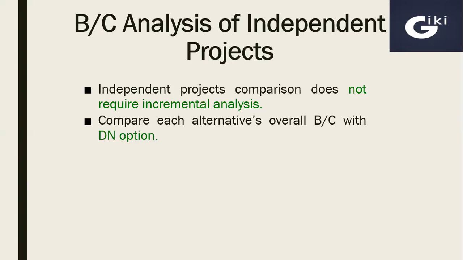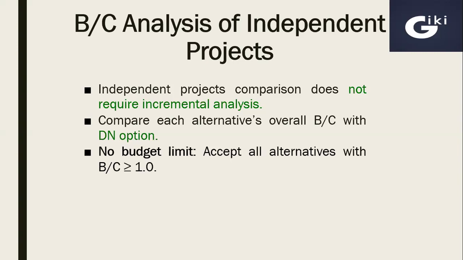So in that case, we have to compare each alternative's overall B over C ratio with the do nothing option. We do not need to perform incremental analysis because these are not mutually exclusive alternatives, and more than one alternative can be selected at one time subject to availability of funds.